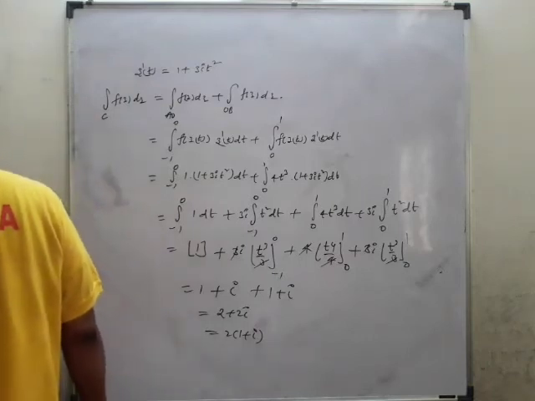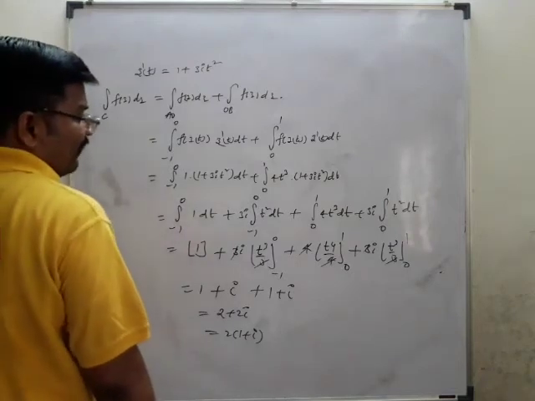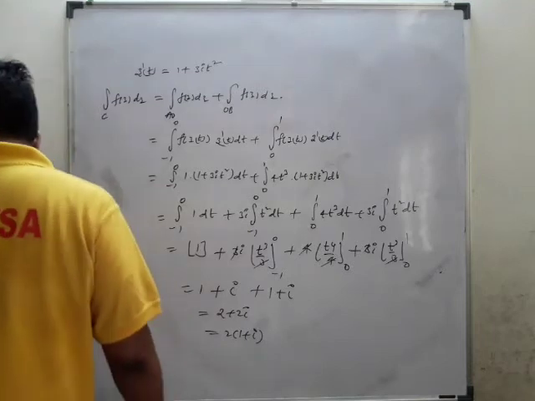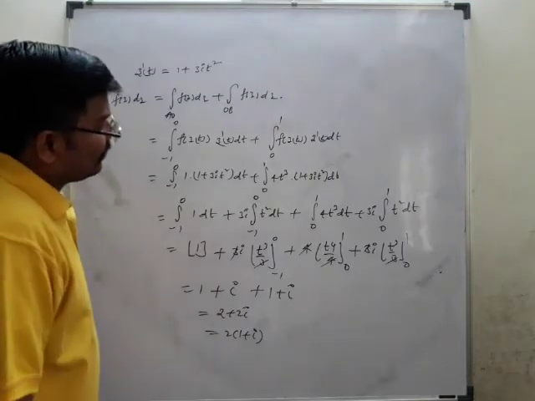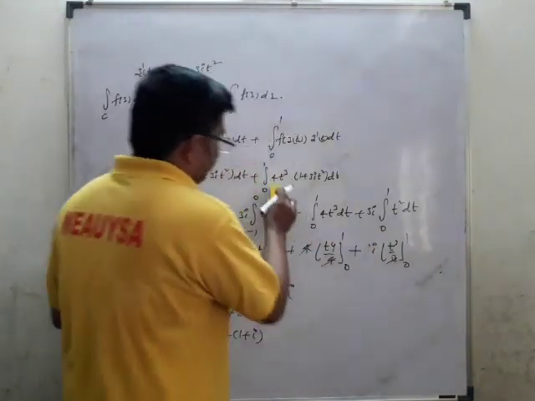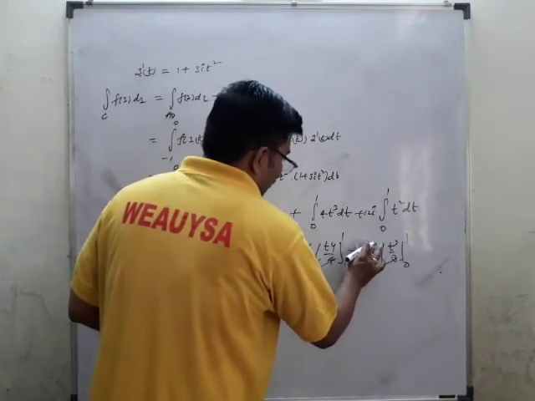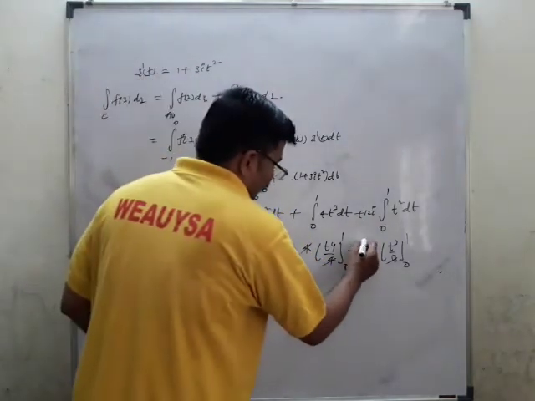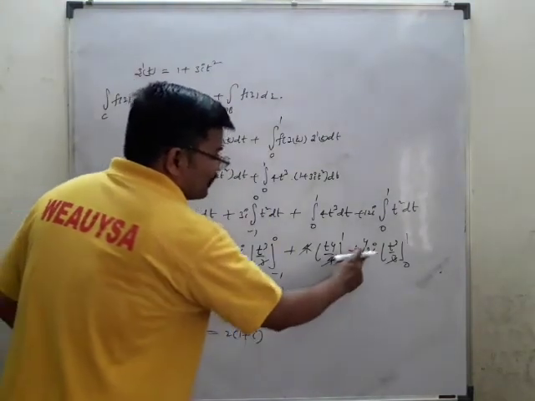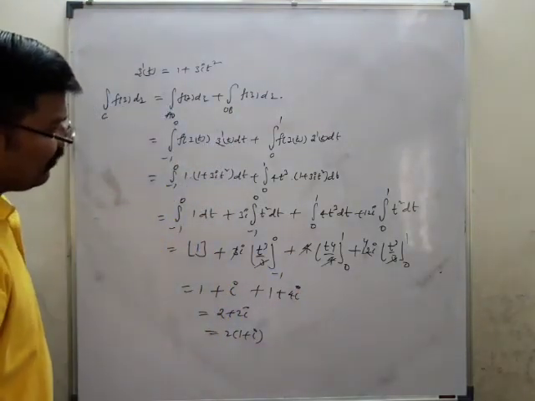Let me check whether it is 2 plus 3i. Where did we miss that? 2 plus 3i, it seems. Yes, we have not multiplied the 3 with the 4. This becomes 12, so therefore you will get 4i.